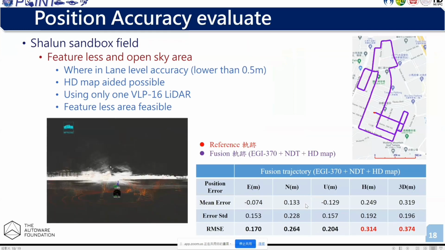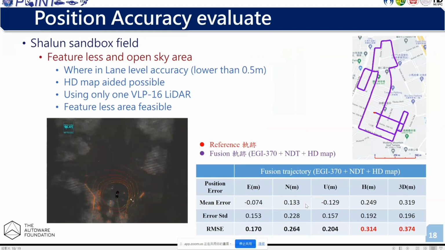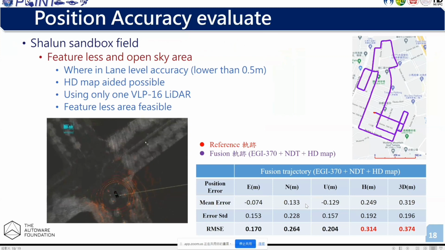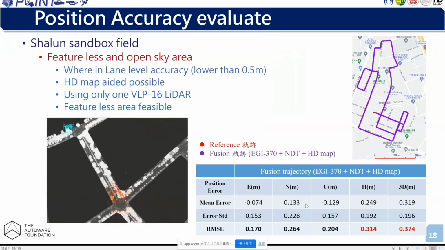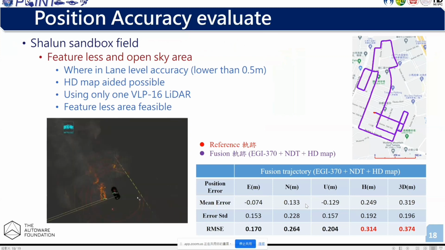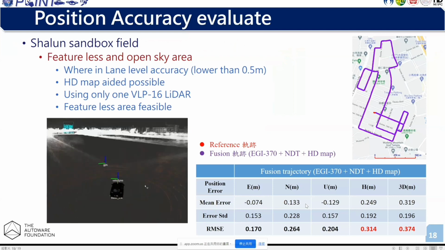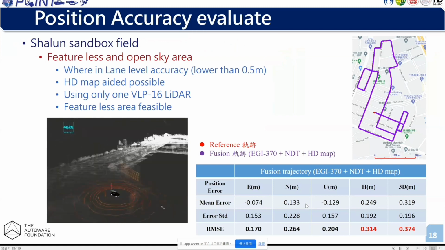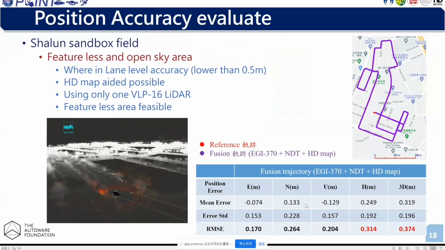And next is the featureless and open sky areas. We can also see the accuracy in the horizontal and the 3D. We have a root mean square error of about 0.3 meters. So this is some of the results from the algorithm we have developed.